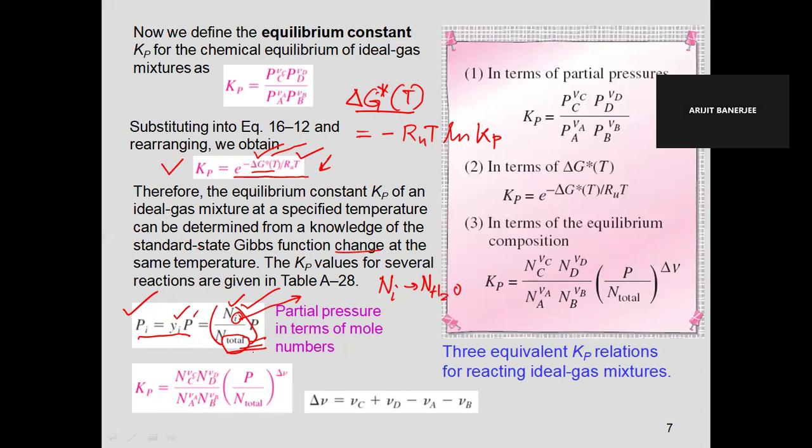At the equilibrium condition, the composition contains the reactants as well as the products. Therefore, N total includes the number of moles of the reactants and of the products. Okay, is it clear?